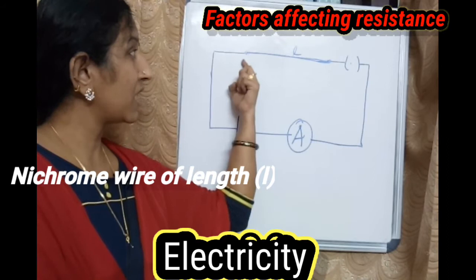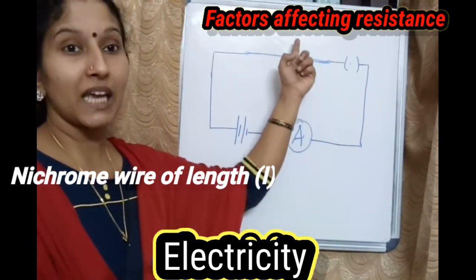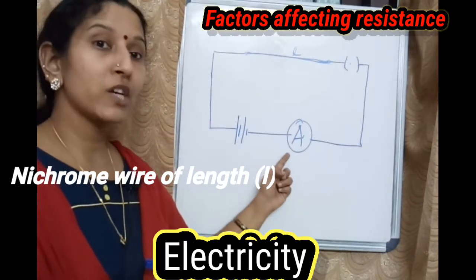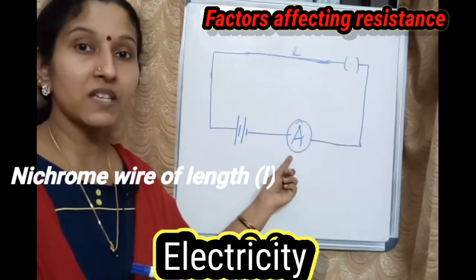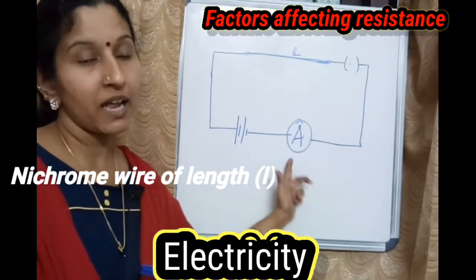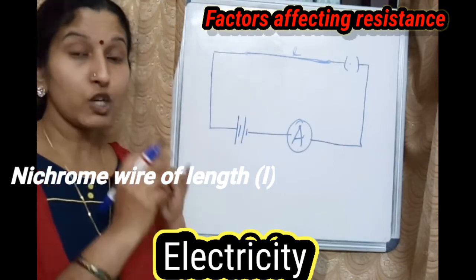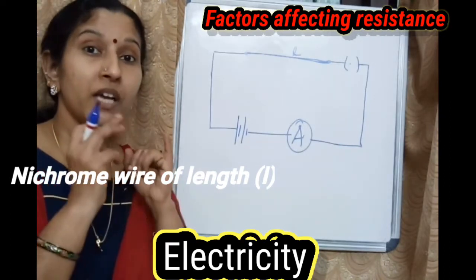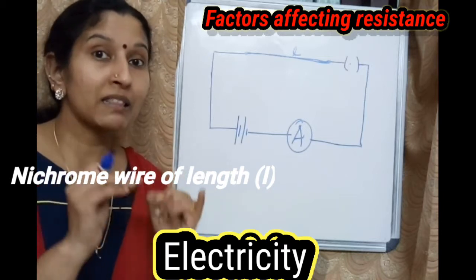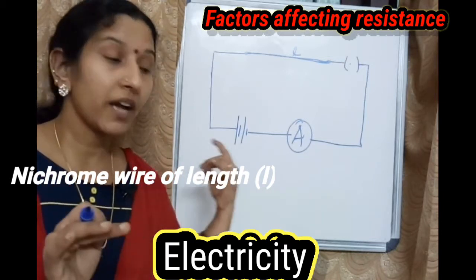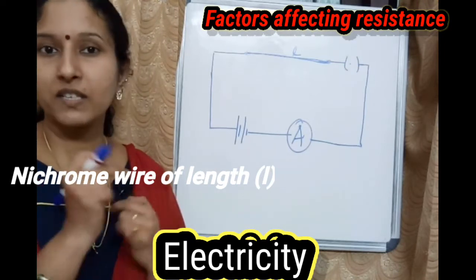So first I fixed a nichrome wire of length L. Then I have to measure the ammeter reading, which means measuring the current from the ammeter, and record it somewhere. So in the first step, I fix a nichrome wire of length L and then measure the current from the ammeter.